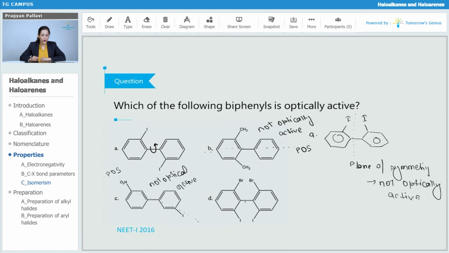Now let's check option D. Here we have bulky substituents at positions 1 and 3 of this benzene. As a result, they are definitely not going to exist in this planar form. One of the benzene rings will be in plane, and the other benzene ring will be orthogonal to this.